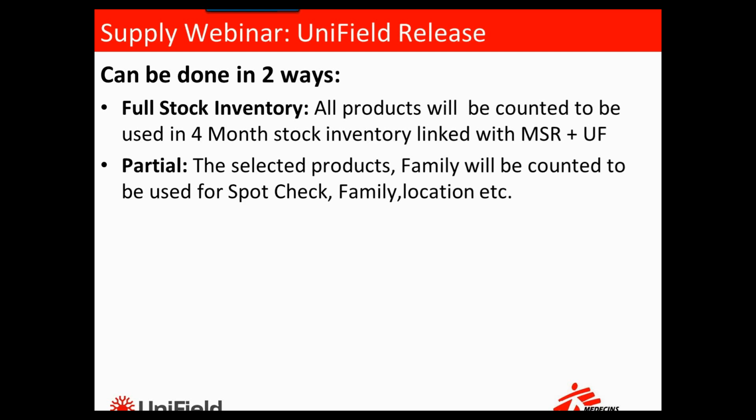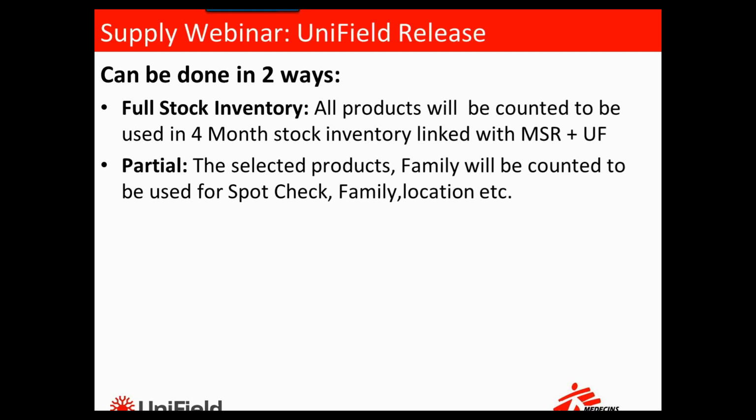Or as I mentioned earlier, if you just want to do a spot check, let's say you want to see only the paras or only the vaccines or only items that are in the spare part, you can say, I just want to do a check on this particular group of products that I normally have in my warehouse.